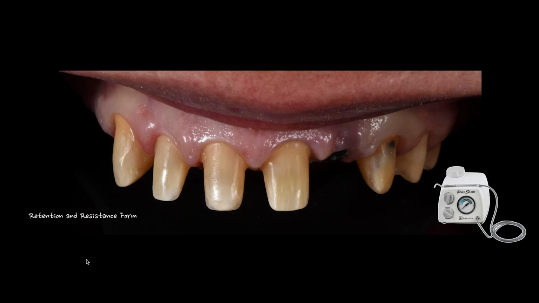And then we always recommend to all the clinical partners that before they impression their cases, that they microabrade. I can't tell you how many cases I see that come in where we see a lot of moisture on the preparations themselves. And the reason we're seeing that is twofold.